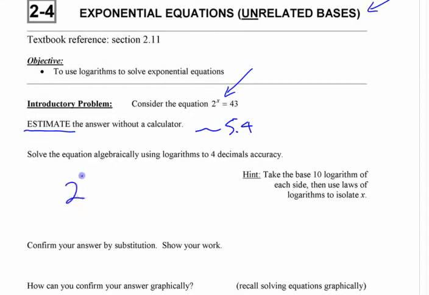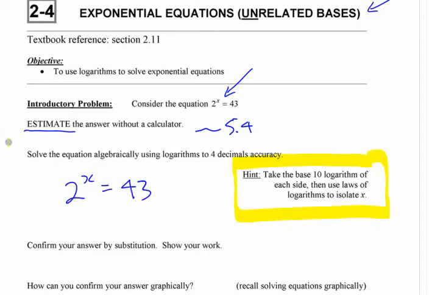If you have an exponential equation and the bases are not related, this is the key for what you do. Even though the base of this thing is base 2, you could take the base 2 logarithm of both sides, and that might be what a lot of you try to resort to. Log base 2 of both sides. Why would that help over here? What can I do with this side if I take the base 2 logarithm?